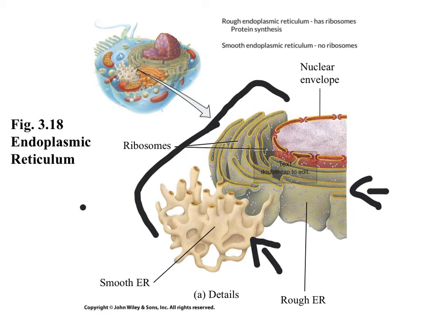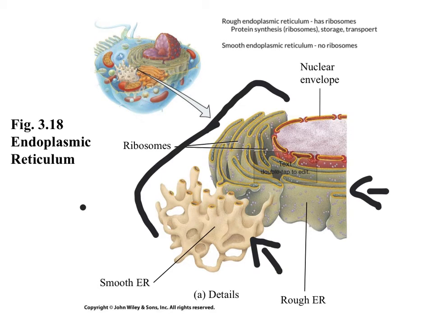We also see ribosomes free floating in the cytoplasm, and so we'll have protein synthesis there as well. But because we have these on the rough endoplasmic reticulum, we can have protein synthesis. We're also going to have storage of those proteins and transport of those proteins.